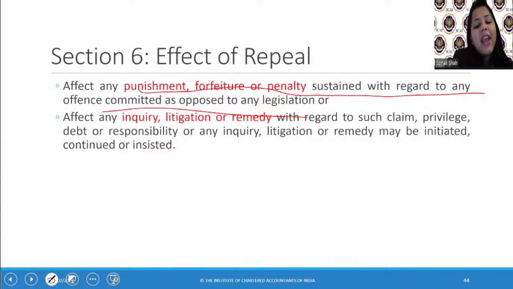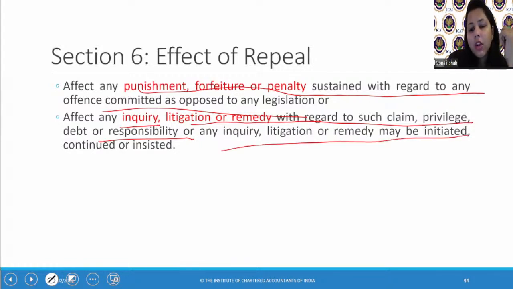Repeal will not affect any inquiry, litigation or remedy with regard to such claim, privilege, debt or responsibility, or any inquiry, litigation or remedy may be initiated, constituted or insisted. So let's say there was some fraud that had taken place in 1956 and litigation has been initiated under the Companies Act 1956, it will continue to be investigated or completed under the 1956 Act.